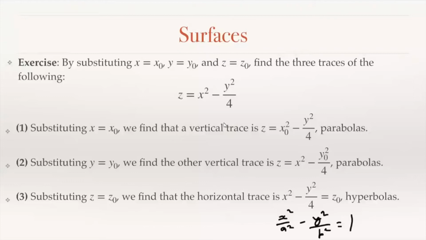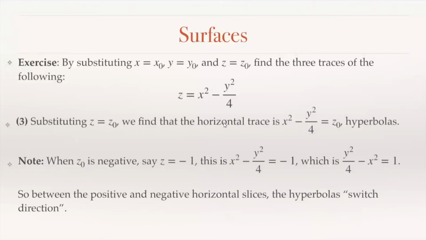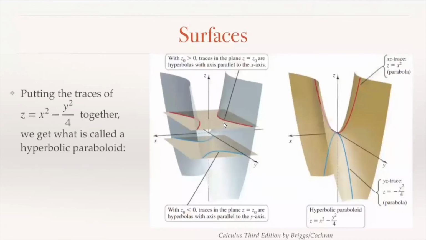Again, pause the video. I encourage, try to think of what that could look like. Okay, so we know that the hyperbolas switch direction from being oriented outward along the x-axis to being oriented outward along the y-axis when z switches from positive to negative. So something like that.